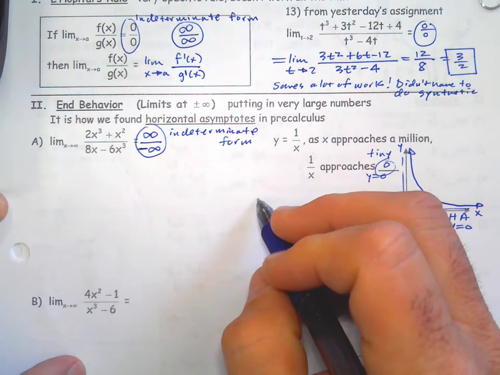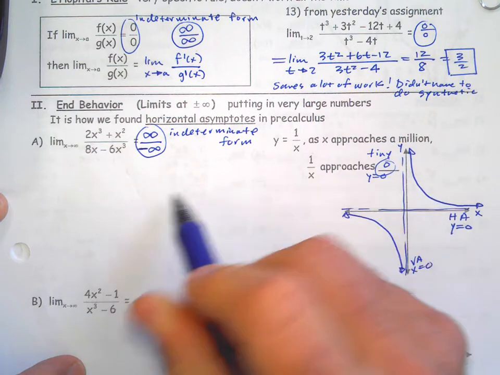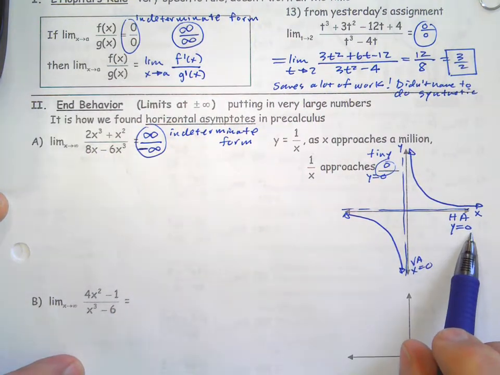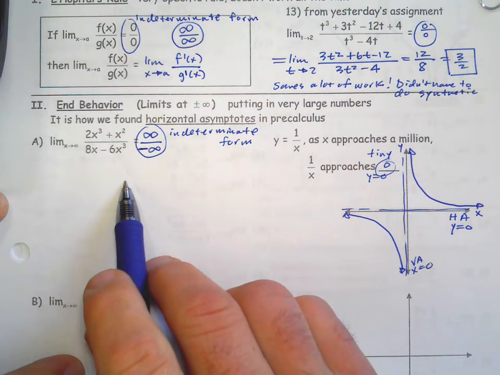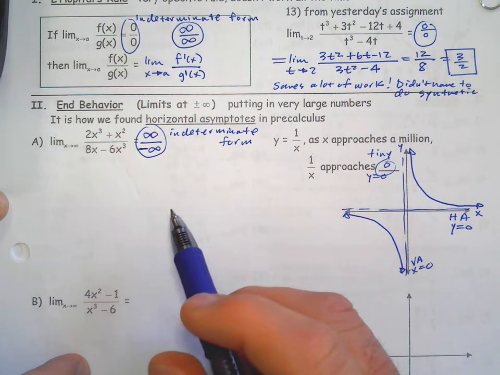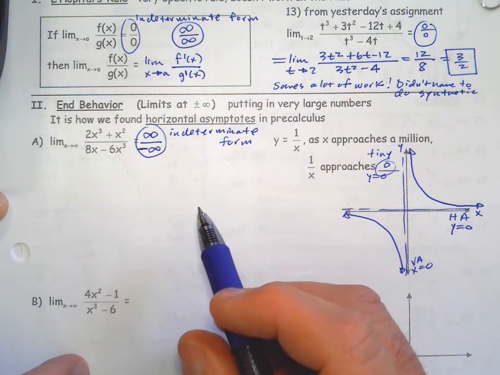Now, back in pre-calc, you probably did this kind of stuff. You had to find horizontal asymptotes for rational functions. And you might have just kind of learned the rules, but I don't know if you understood why back then or if you've forgotten it. So I'm going to talk about it again.